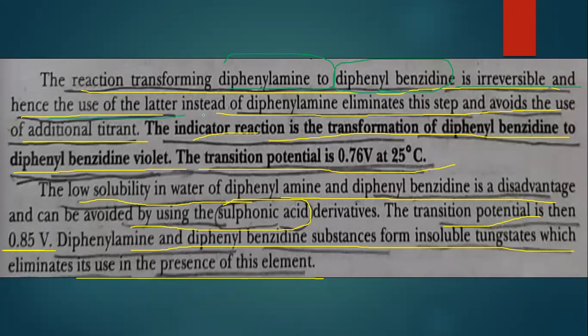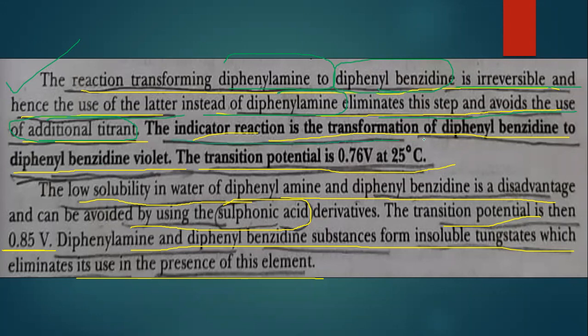Hence the use of the latter instead of diphenylamine eliminates this step and avoids the use of additional titrant. This is the advantage of using this indicator. We need not use any additional titrant to see the change in color. It gives a very sharp change in color at the end point.